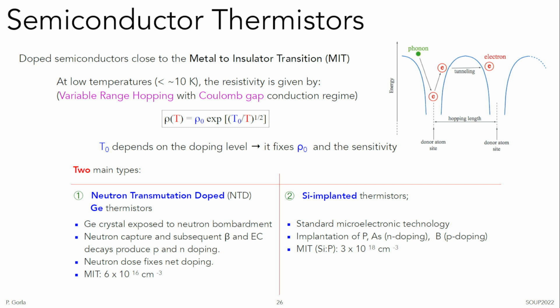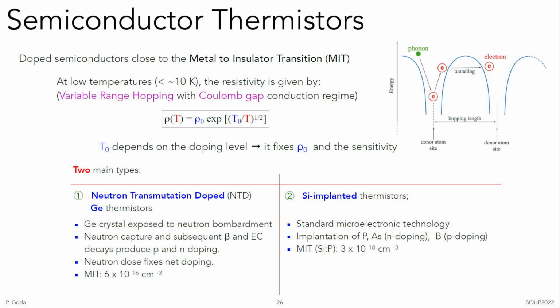This NTD means it's basically the technology that is used to generate this doping that brings it near the metal to insulator transition. And this is done by exposing the germanium samples to an extremely strong neutron beam, typically in a nuclear reactor.